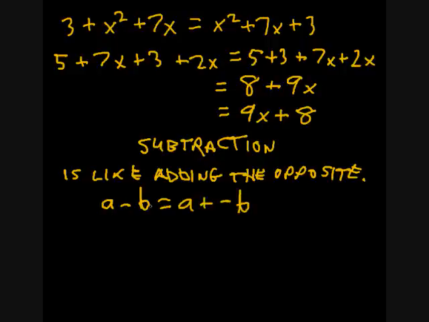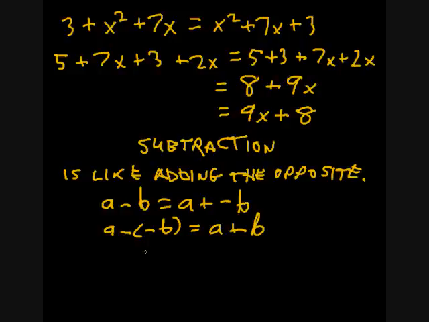So a minus a positive b is equal to a plus a negative b. Another way to look at this is a minus a negative b is equal to a plus a positive b. Again, we're just saying that if I subtract a negative, it's the same as adding a positive. So that's all I'm trying to say.